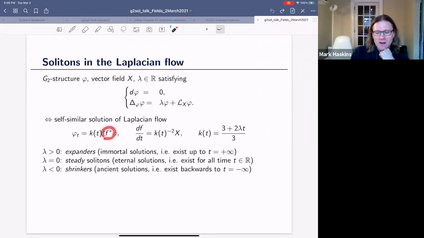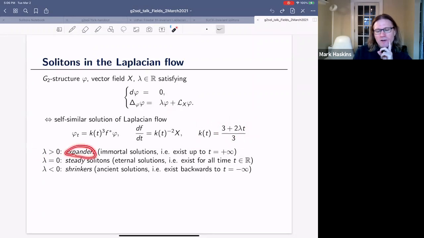where my form can get pulled back by a diffeo f, together with being dilated or expanded by this scale factor. So the diffeo is generated by this vector field that again is distorted by this scale factor, which depends on the sign of lambda. And so with these sign conventions, this kappa is growing when lambda is positive.